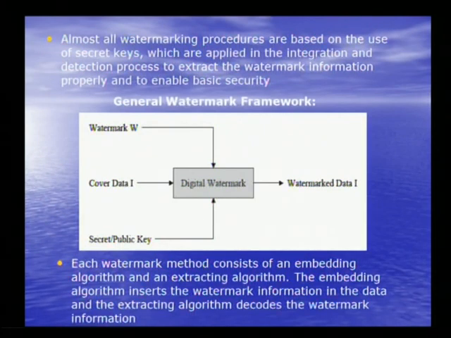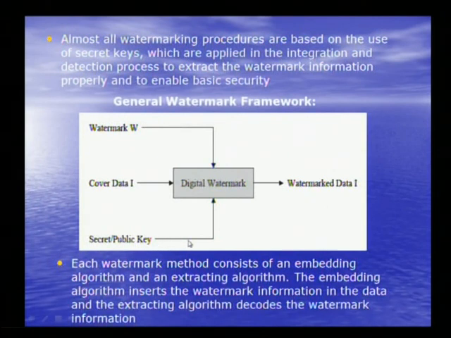This is the general framework. Almost all watermarking procedures are based on the use of secret keys, which are applied in the integration and detection process to extract the watermark information properly and to enable basic security. In the general watermark framework, this is the watermark, this is the cover data, or you can say original image, and this is the secret or public key.